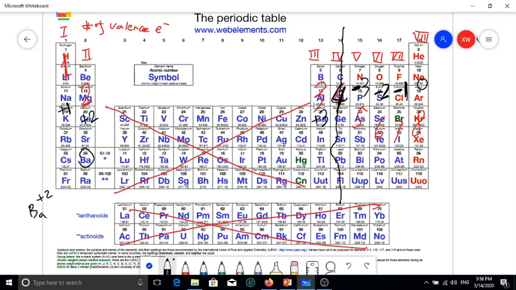So this is what's really useful to us. When you look at a periodic table, you can easily predict what these elements are going to do in chemistry, by defining them to be either positive charge or negative charge, by losing electrons or gaining electrons. All right, so one more thing here is the period number. We already said that from top to bottom we number these periods 1 through 7.